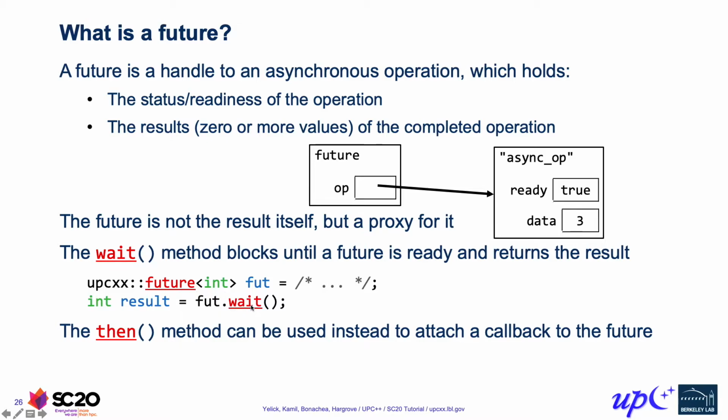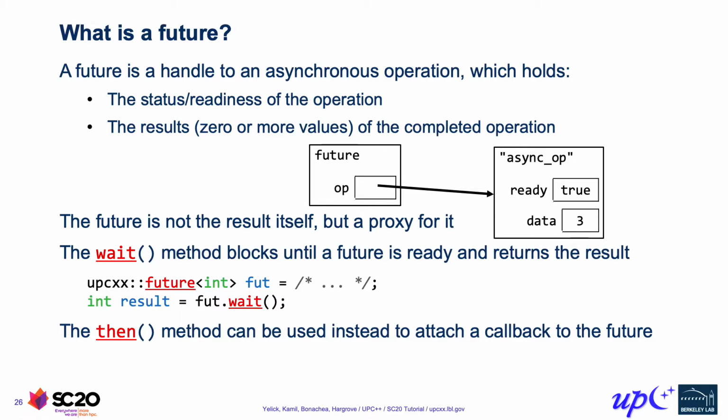And then if we call wait on it, what that does is it waits for the operation to be ready. And then it also gives us back the result as part of the return. So in this case, if this was the underlying data for the operation, then result would end up being 3.